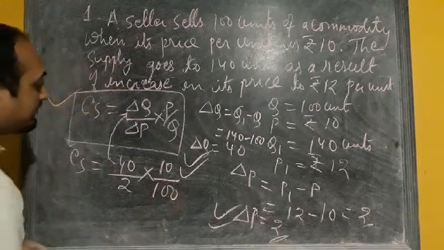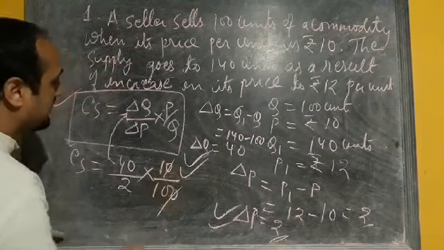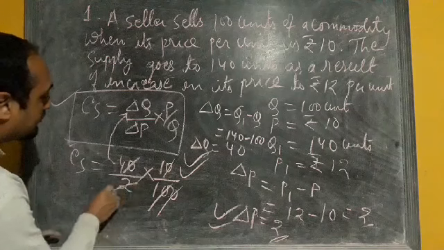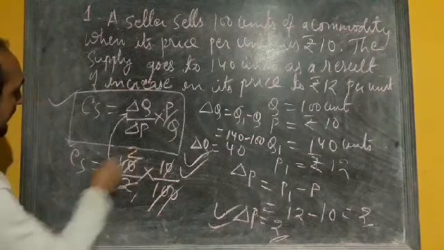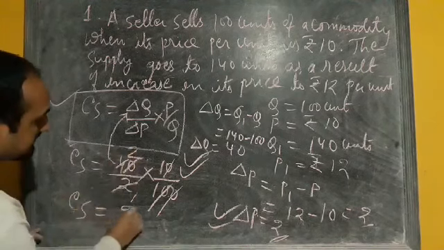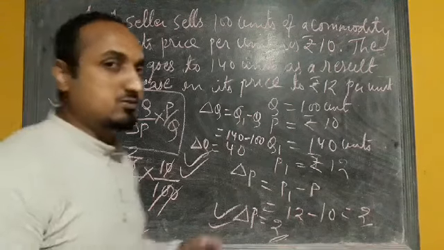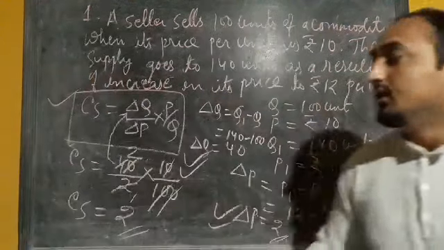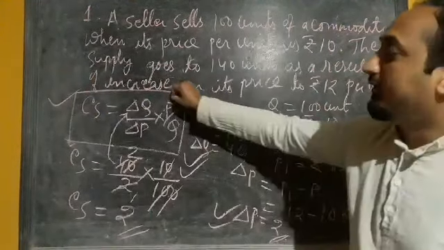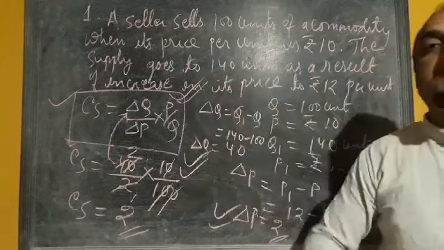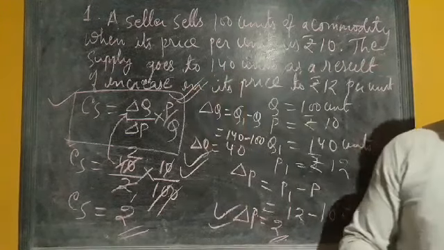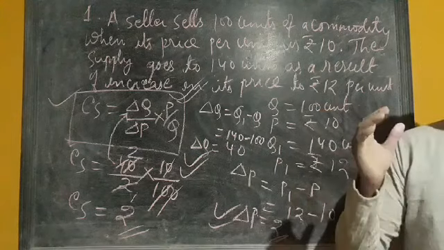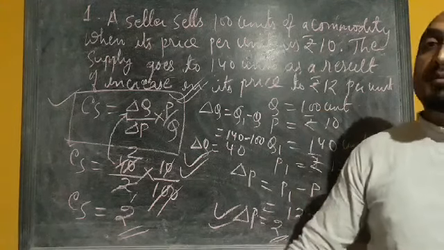Now we can cancel the zeros. 2 ones are 2, 2 twos are 4. So the elasticity of supply will be 2. This is the way to calculate numerical problems using the formula of elasticity of supply. Now I'll move to the derivation of the formula for the geometric method.